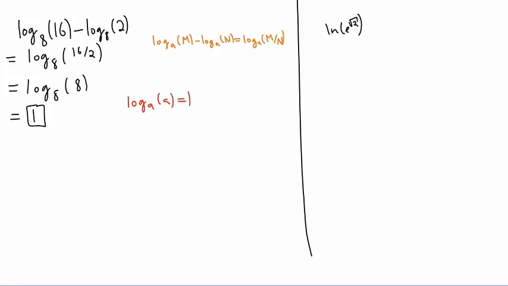How about this expression? Let's evaluate it. So let's remind ourselves what the natural log is. By definition, it is the log base e. So we have the log of a power, and the rule for that was the log of a power, m to the r, equals r times the log of m.